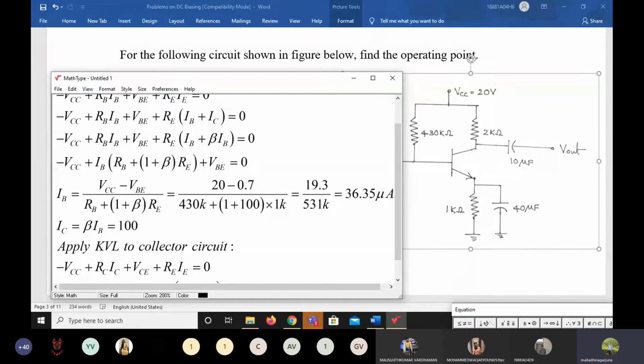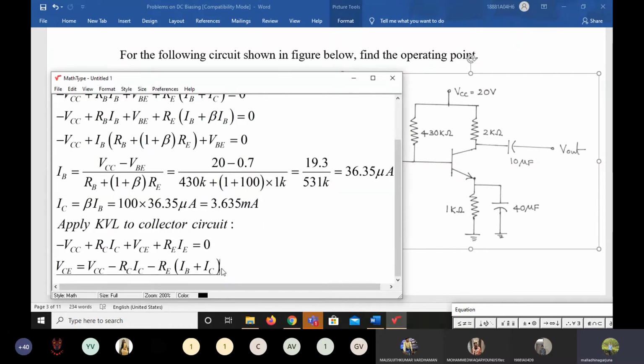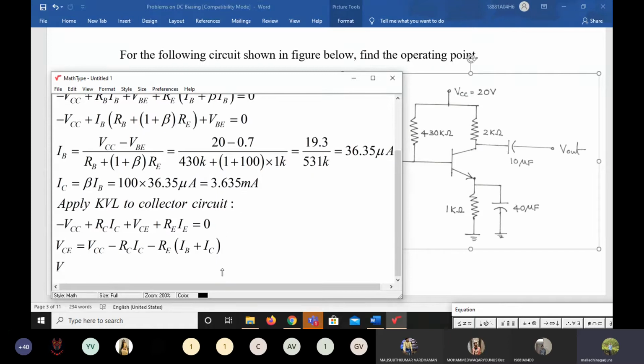So I'm taking 100 times IB, that is 36.35 microamperes, which gives IC equal to 3.635 milliamperes. Now come back and substitute here.